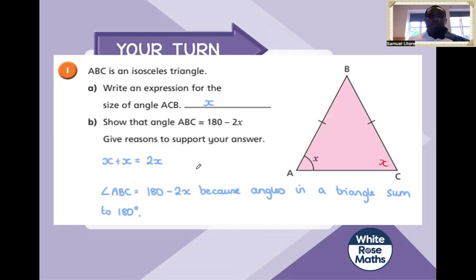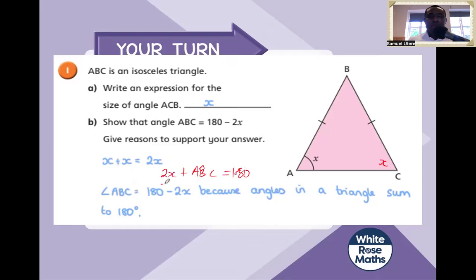So it means 2x plus this angle here, ABC, would be equal to 180 degrees. So you can see why the expression for this angle would be 180 degrees minus 2x.